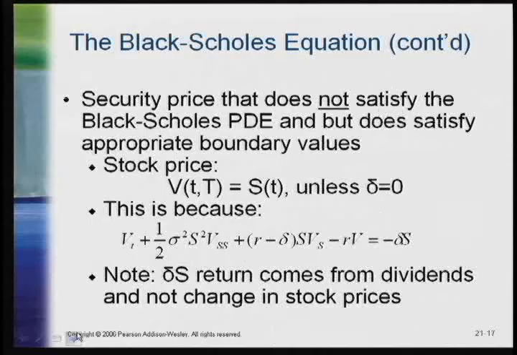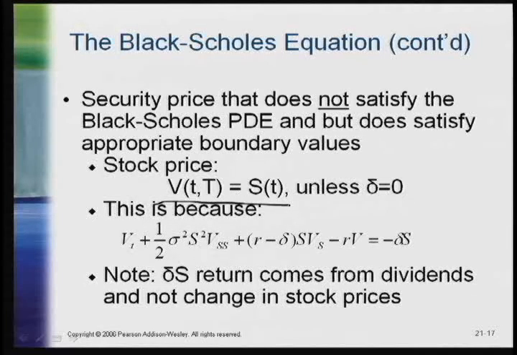Now, perhaps surprisingly, there are some contracts that you might think should satisfy the differential equation that don't. The most elementary example of one that doesn't is S. The stock price itself will only satisfy the differential equation if it's a stock with no dividends. Because remember, if we have a stock price that reflects dividends, S is the price of a share.